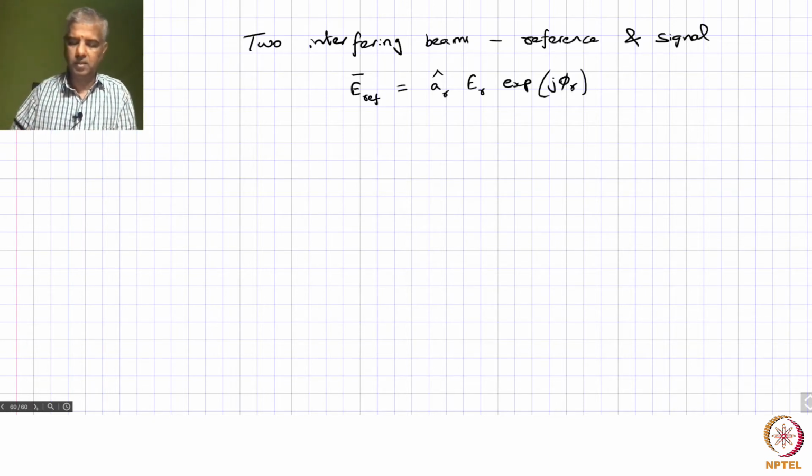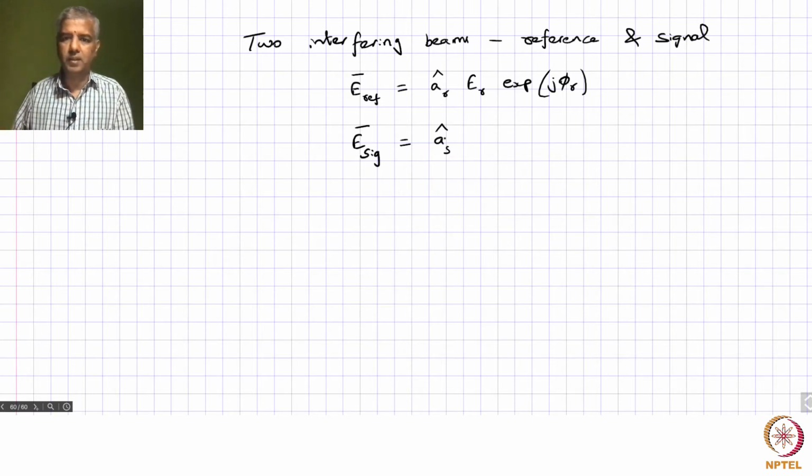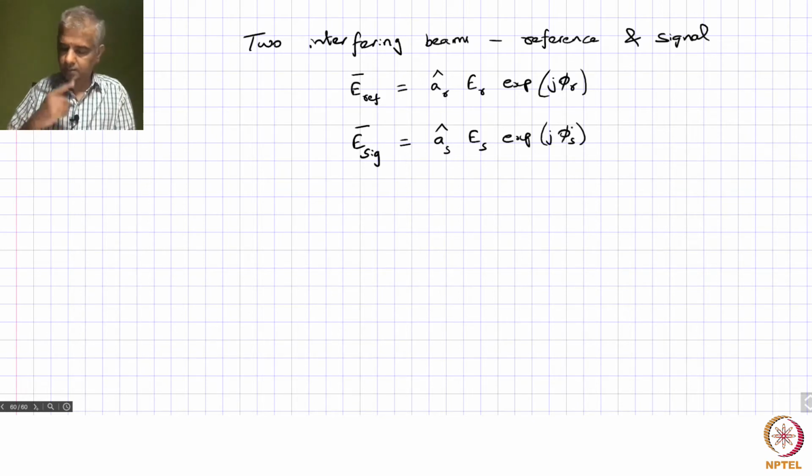Let's say we are looking at only the phasor part of it. Similarly, you have E_sig, and that can be characterized by some other polarization, let's represent that as A_S, and that has amplitude E_S and e to the power j phi_S.